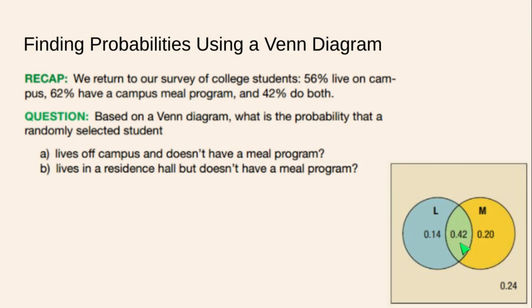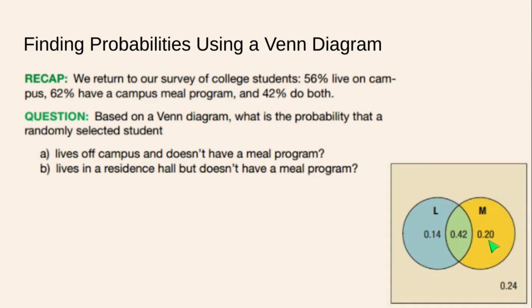Similarly, we see that 62% have a campus meal program and 42% also live on campus. That means the balance, 62 minus 42, is 20. 20% of students have a meal program but are not living on campus, right? And then we consider these three probabilities right here.